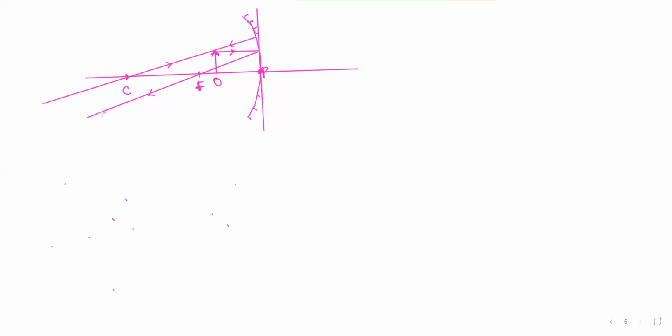Now let's look at the reflected rays as they go. Looking at the two reflected rays, you see the reflected ray is the one whose arrow is coming back along the same path.